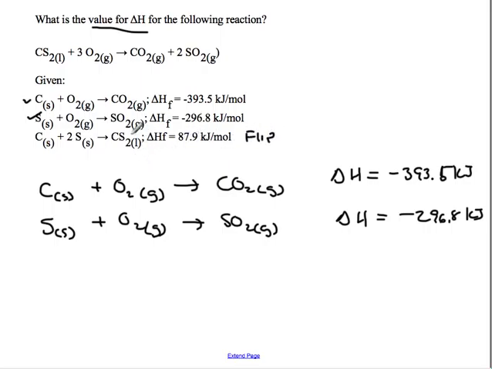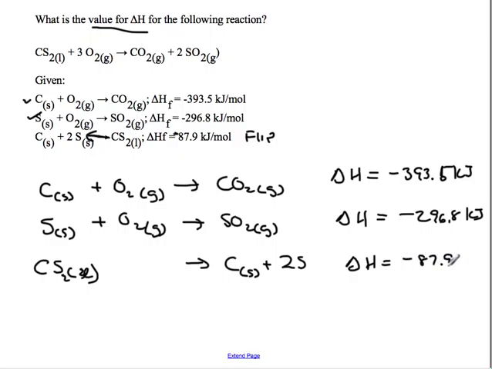Instead of having carbon plus 2 sulfur, I'm going to flip it the opposite way, and when I do that, the delta H becomes the opposite sign. So here I'm going to have CS2 liquid make carbon solid plus 2 sulfur. Remember, I took my delta H and flipped it, so now it becomes negative 87.9 kilojoules.